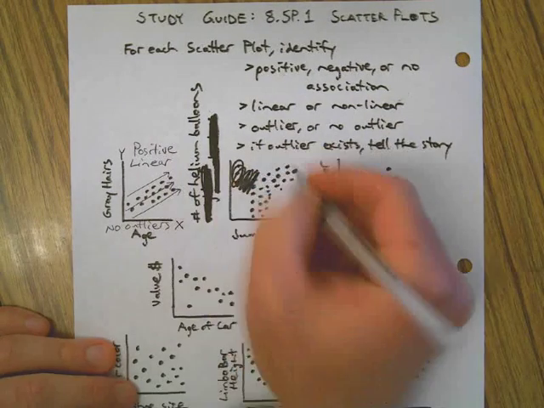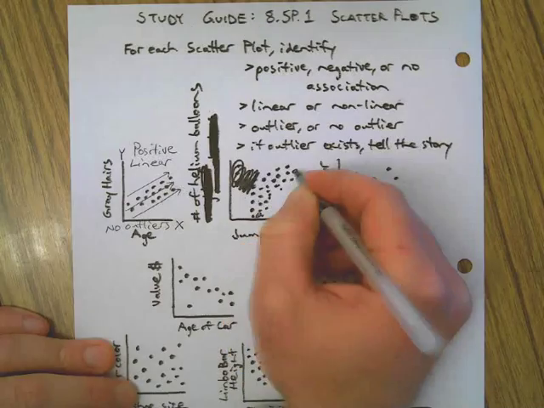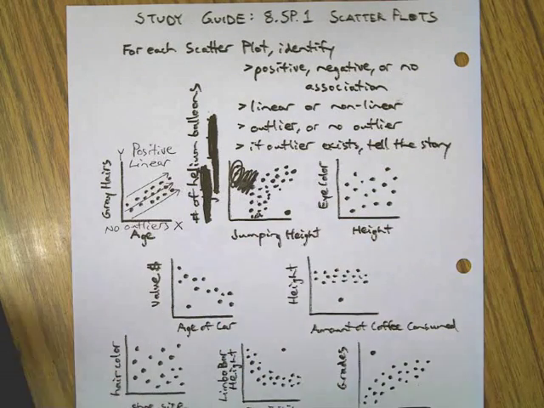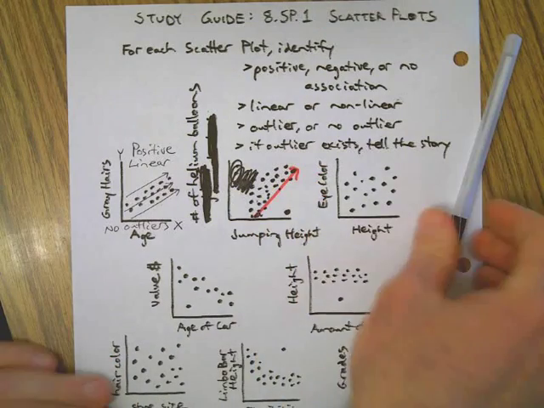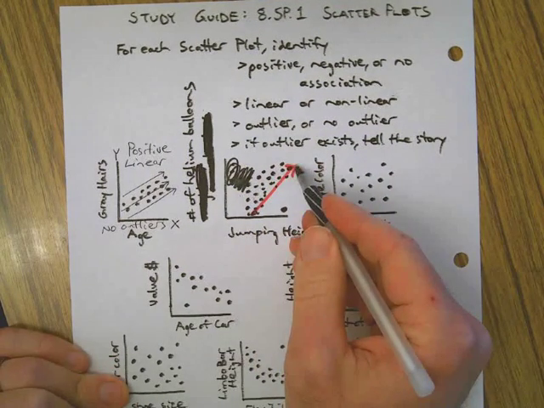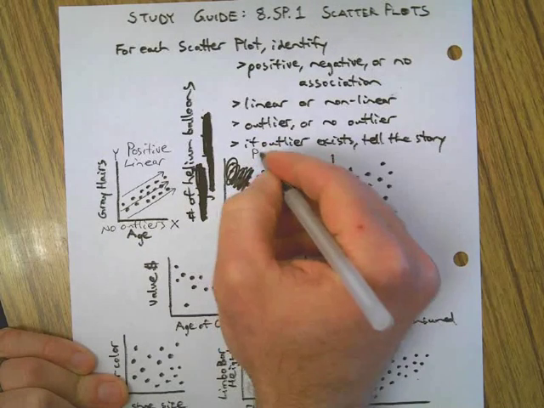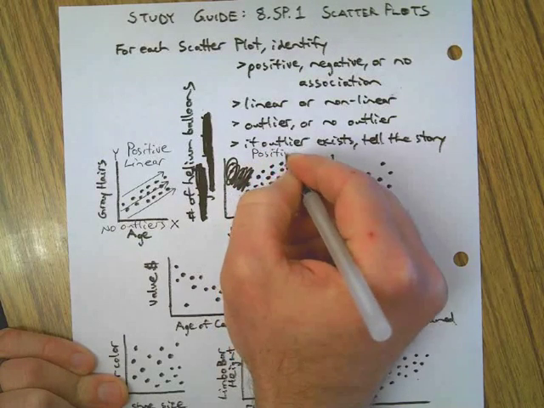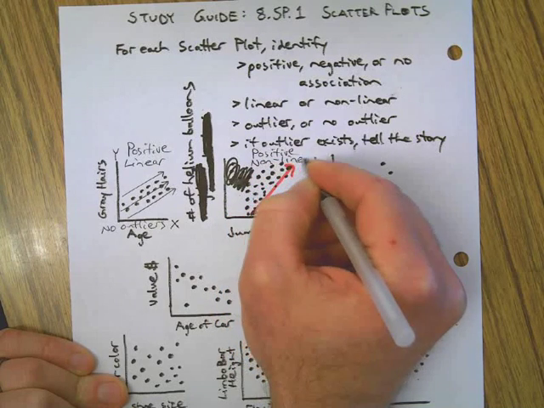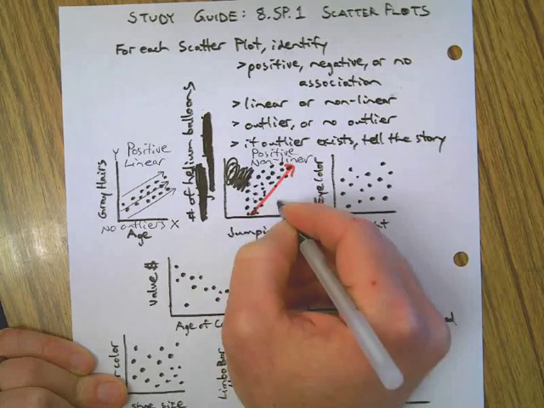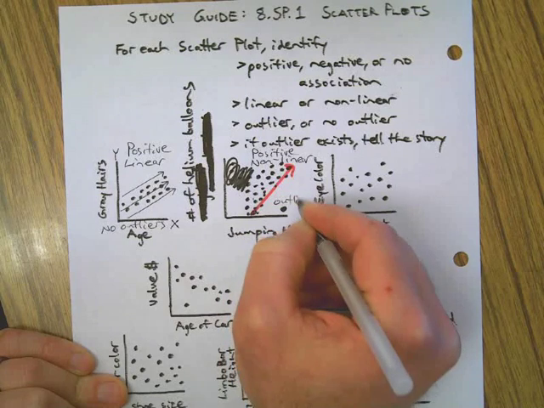So this is positive because it gets from here. I'm going to use red here. You can see it goes up, but it does not follow a straight line. So this one is positive, non-linear, and there is an outlier right here.